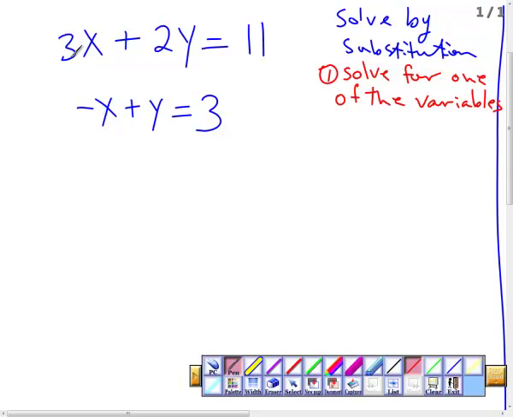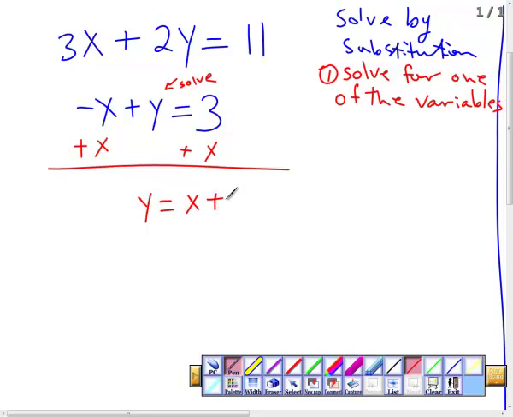We don't want to solve for x or y in the first equation because then you have to divide by 2, and that's more work. So if we solve for y here and add x to both sides, we get y equals x plus 3.